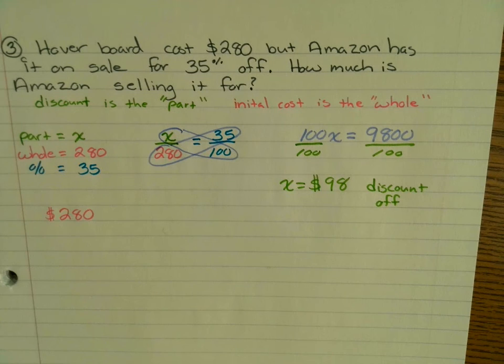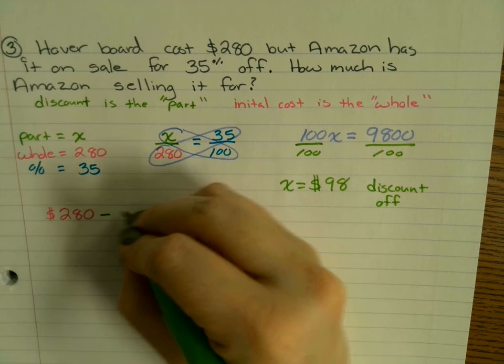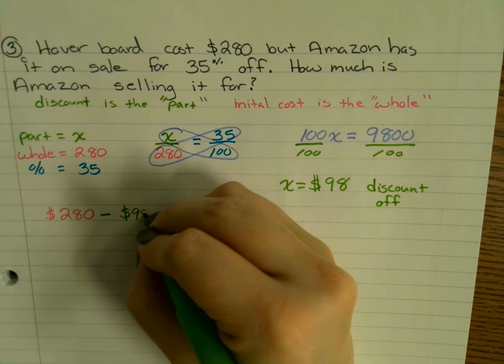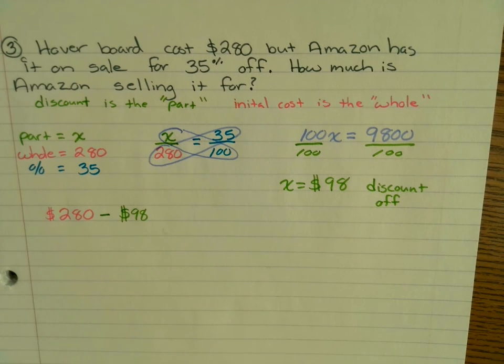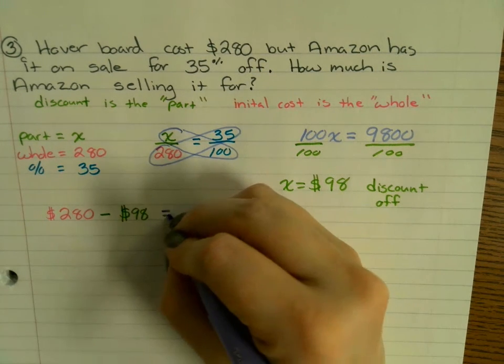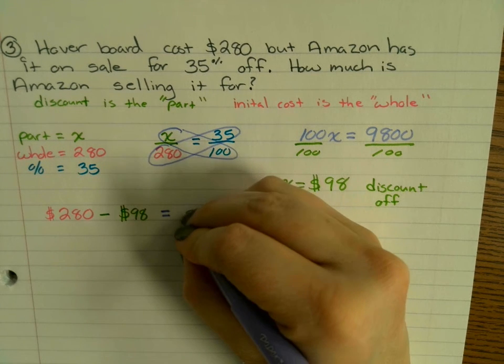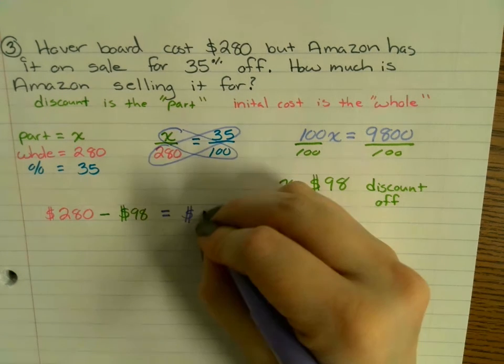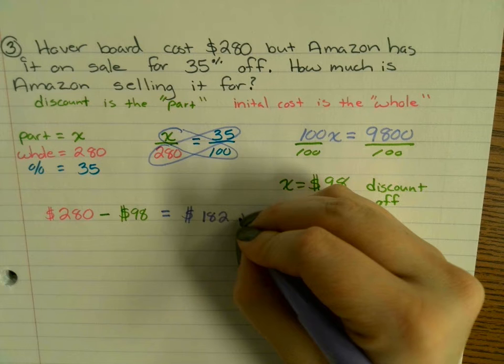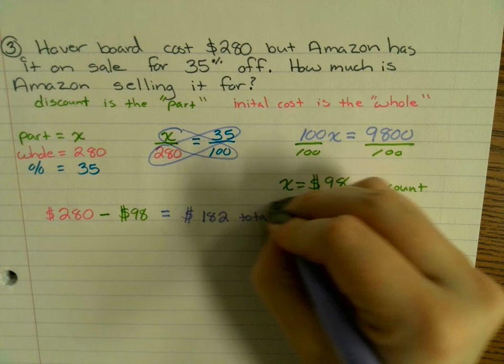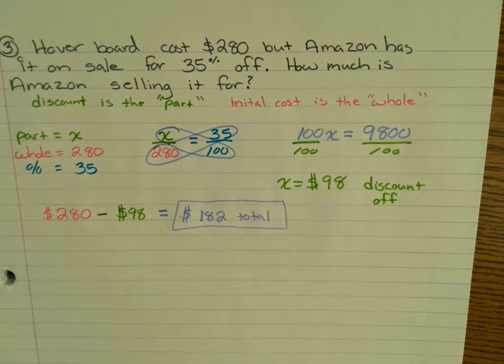We're going to subtract the $98. And that's going to tell us our discounted price, how much Amazon's going to sell it for, which is $182 total. That's how much they're going to sell the hoverboard for, $182.